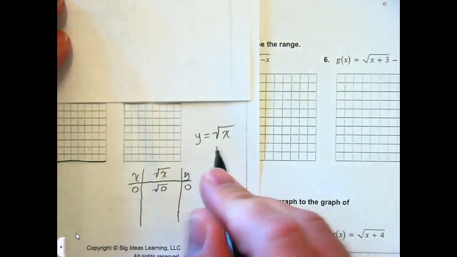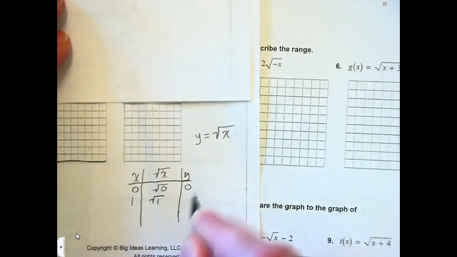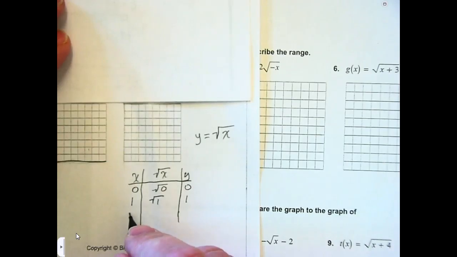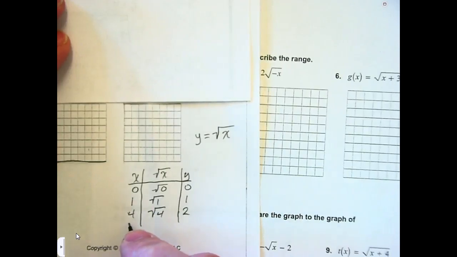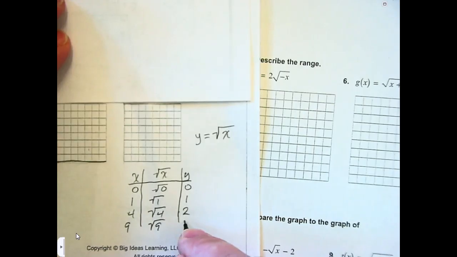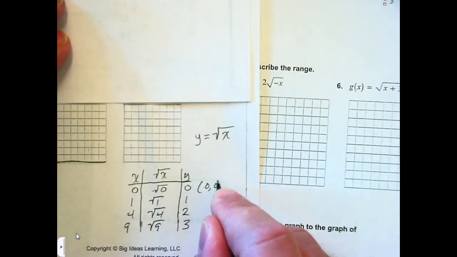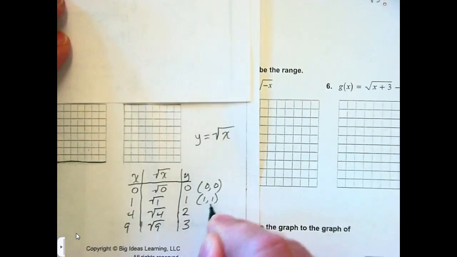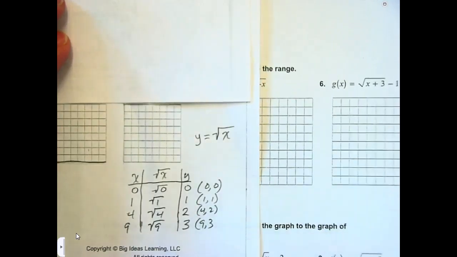What's the next perfect root you could put in? 1. The square root of 1 is 1. And then the next one? 4. Root 4 is 2. And then 9. Root 9 is 3. We could keep going, but let's say we end right there, and we get the ordered pairs (0, 0), (1, 1), (4, 2), (9, 3).